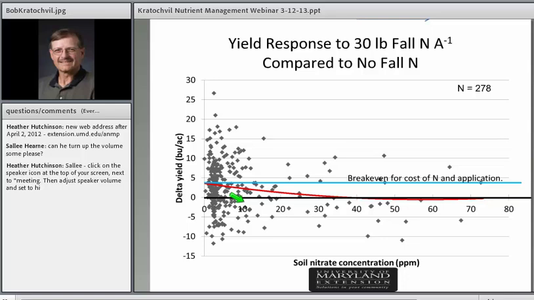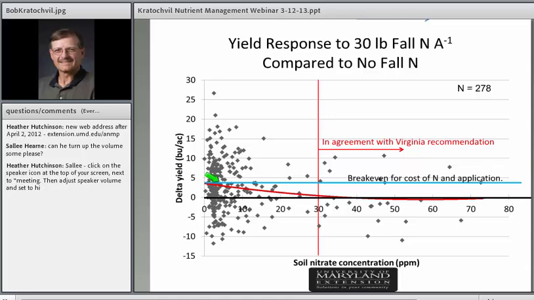All right, now there's a cost associated with the application of fall nitrogen, and that's what this blue line is indicating. It's that break-even price for covering the cost of the 30 pounds of nitrogen and the application cost. And on average, during that period of time, about 3.5 or 4 bushel was required to break even.